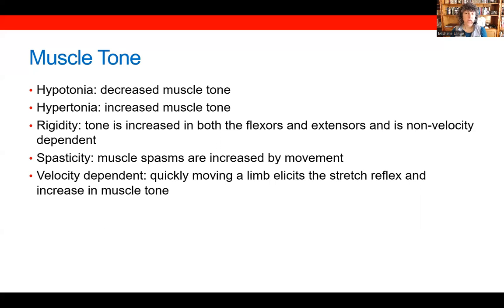And then we have velocity dependent tone. This is often seen in people with conditions like cerebral palsy, where quickly moving that muscle, that limb, like straightening out someone's arm, elicits a stretch reflex, and that leads to an increase in muscle tone. So if you move that same joint slowly, you may not feel as much resistance, but if you move it quickly, you do.